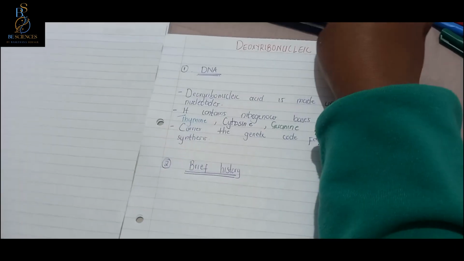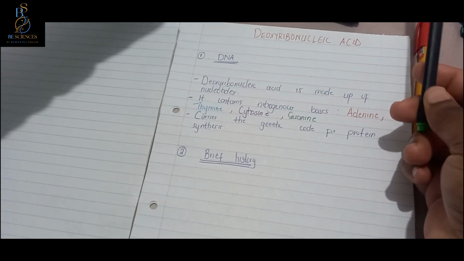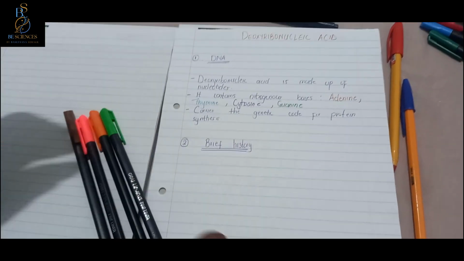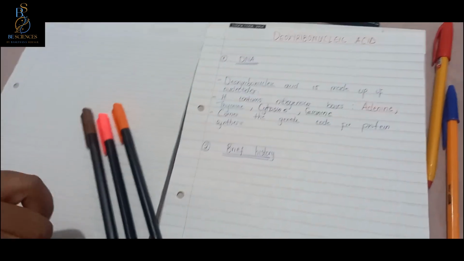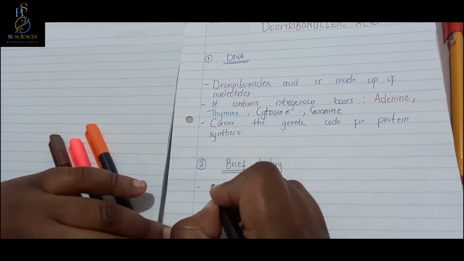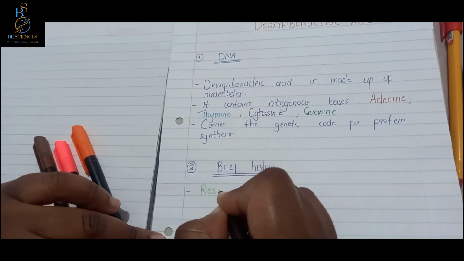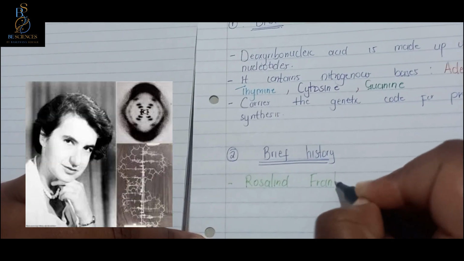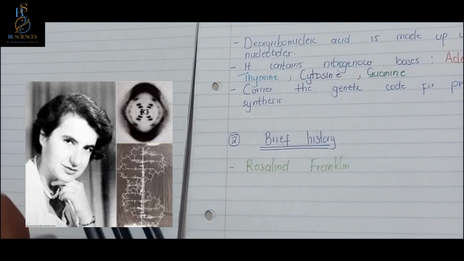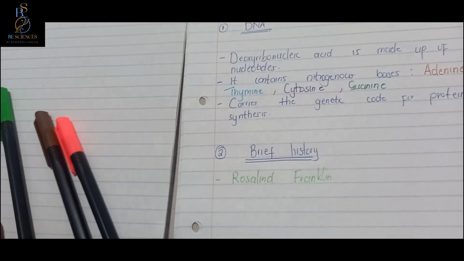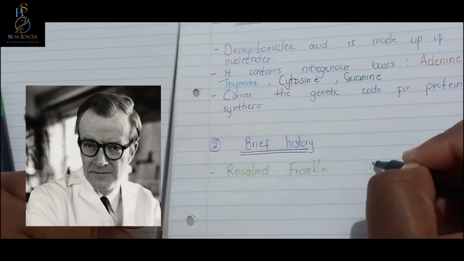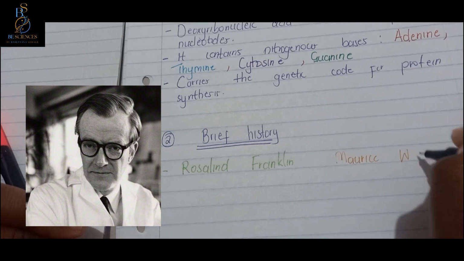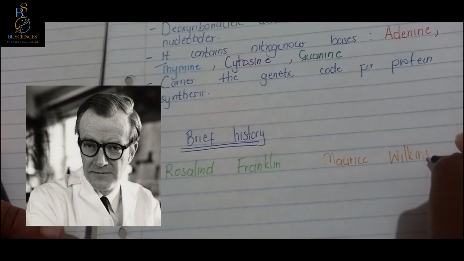Okay, so I'll be using colors to also just remind the scientists who were involved in the formation of DNA. So the first one, who is Rosalind Franklin, who worked with Maurice Wilkins.